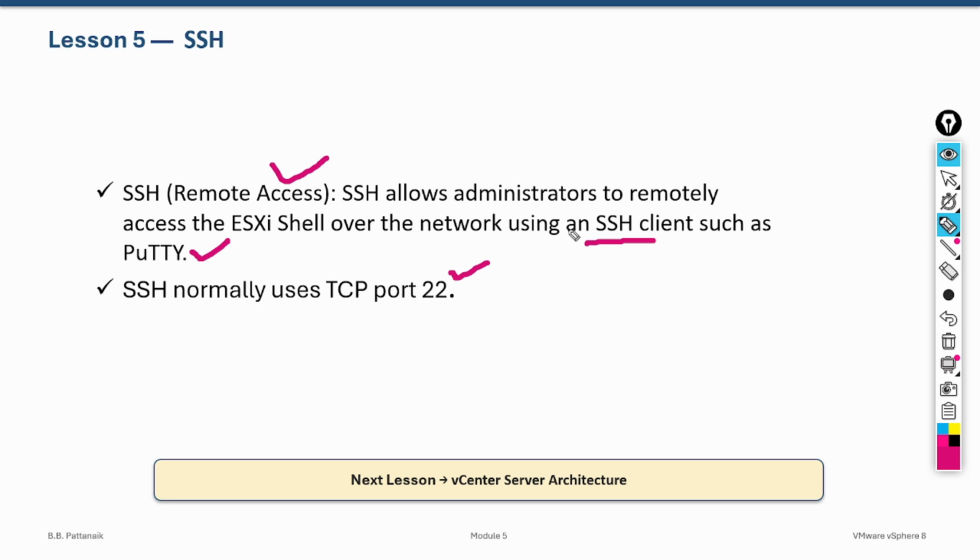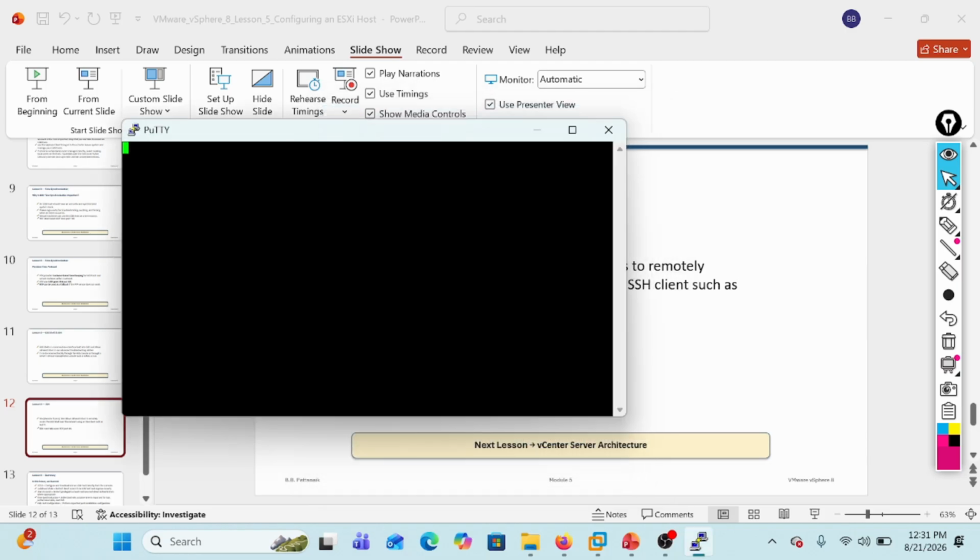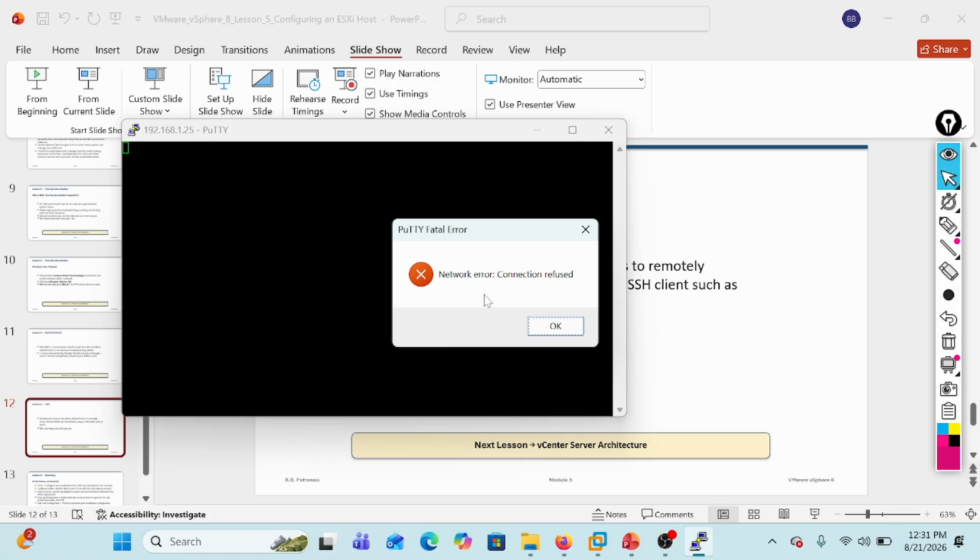Now we will do a practical and test this. 192.168.1.25. I am not able to connect. Network error, connection refused. Why?